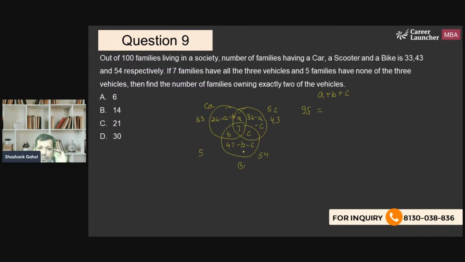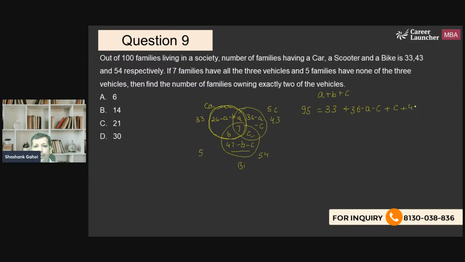Now what I'm going to do is just add all the numbers. So this total sum comes out to be 33. No need to do anything, the value of the circle is directly 33. This value is 33 plus what is this value? 36 minus A minus C. This value is plus C. This value is what?